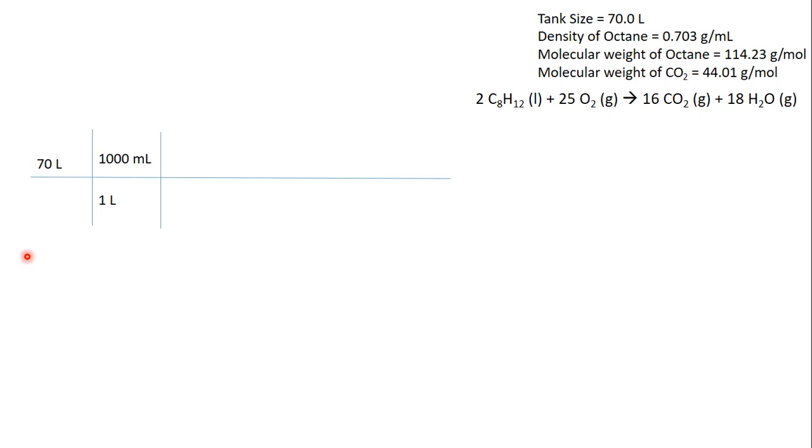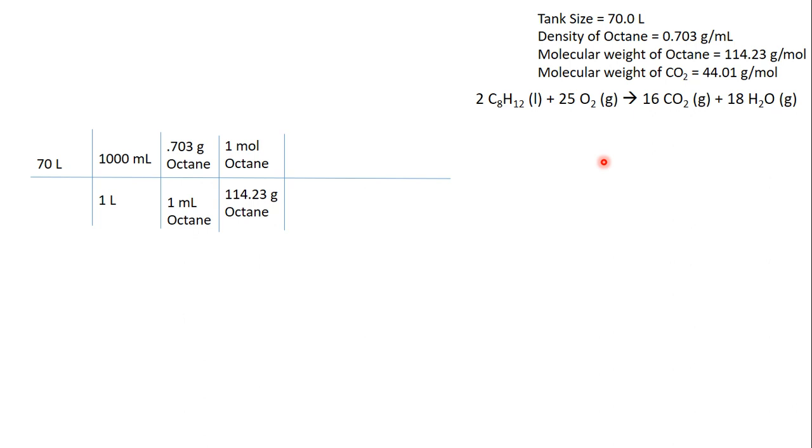That's just a unit conversion. Now from the density, 1 milliliter of octane is equal to 0.703 grams of octane. That's what your density is telling you, 0.703 grams per 1 mL. Now, the molar mass of octane, you can calculate it, is 114.23 grams, and it's also given here, per 1 mole of octane.